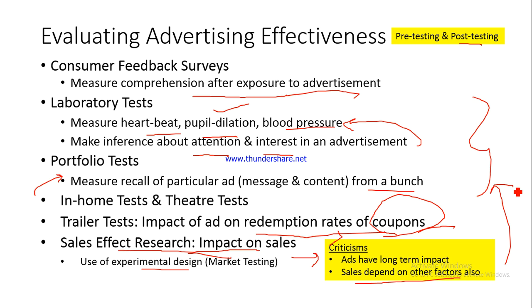Sales depend on, for example, income levels of the people, income levels of the target audience. Sales also depend on the presence of competitors in the market. Naturally, if there are too many rivals in the same market in which you are operating, then your ability to make the target audience buy your product is going to be much less, because there are so many other rivals also.